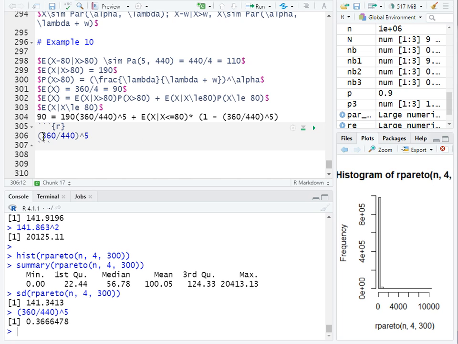Let's try to obtain it: 90 minus 190 times that, and divide by that.